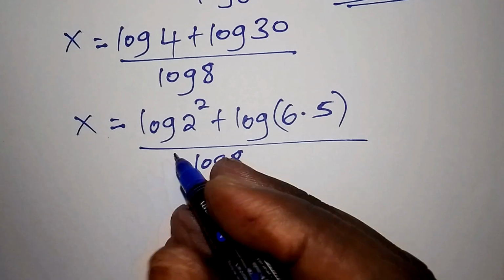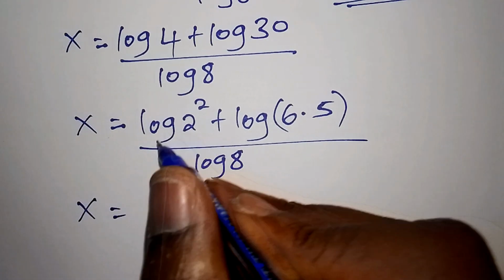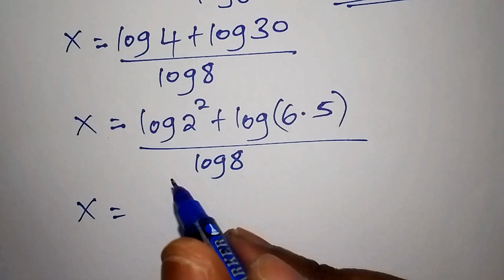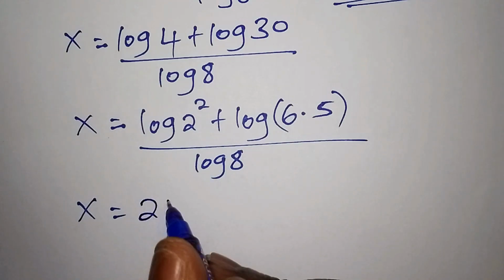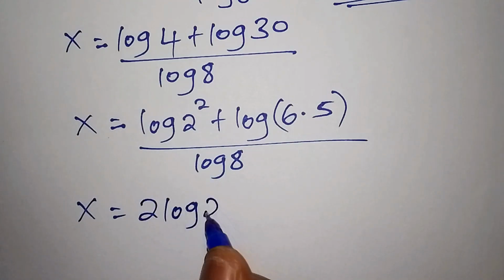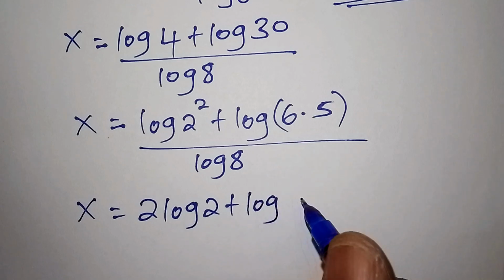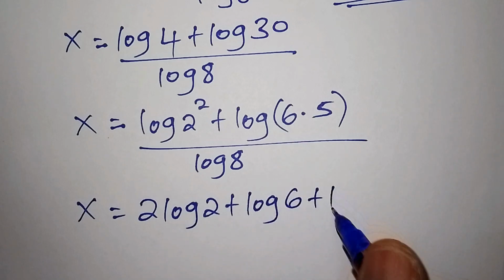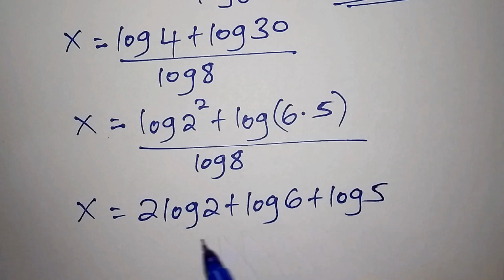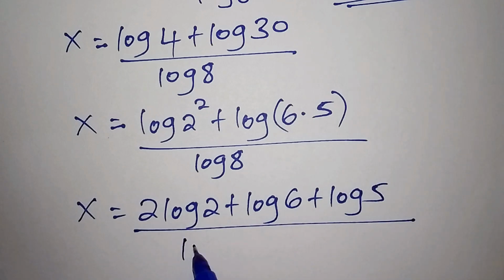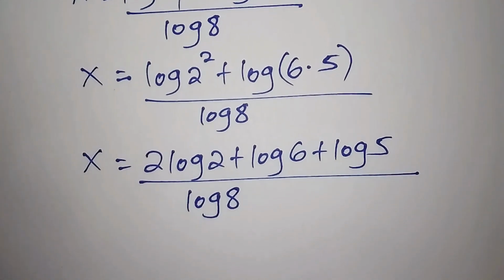Next, x now shall be, the log of 2 to the power of 2 can be written as 2 times the log of 2, plus the log of 6, plus the log of 5, all of this over the log of 8. So let's now divide each term by the log of 8.